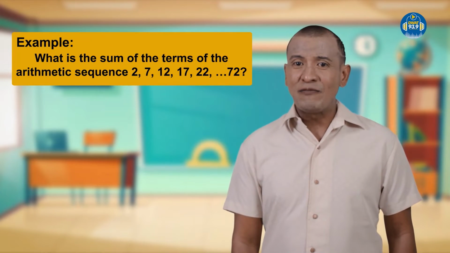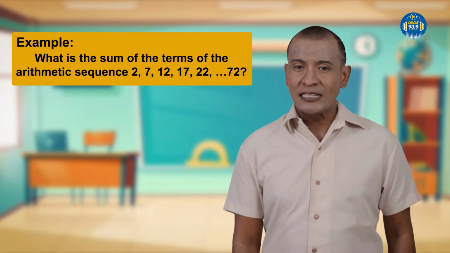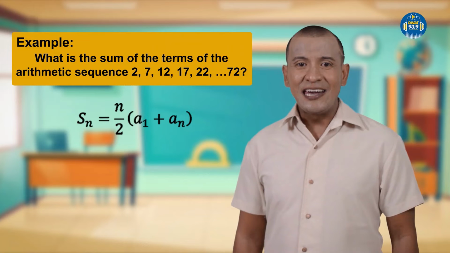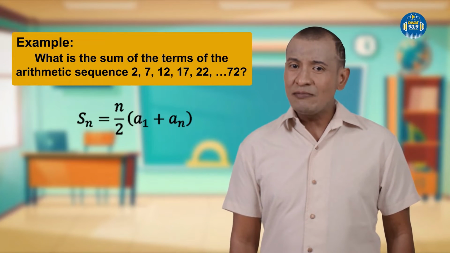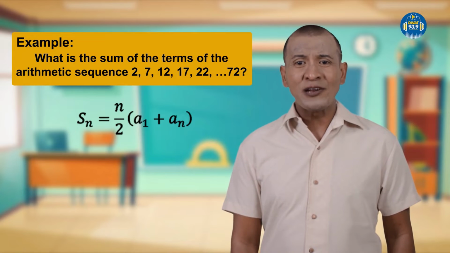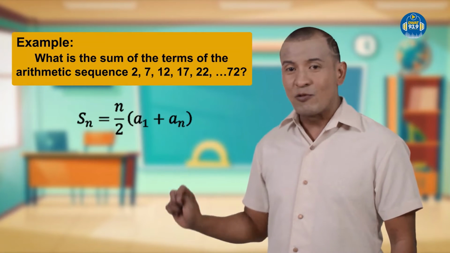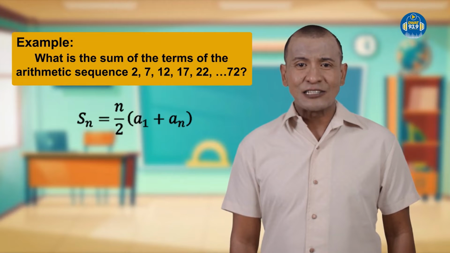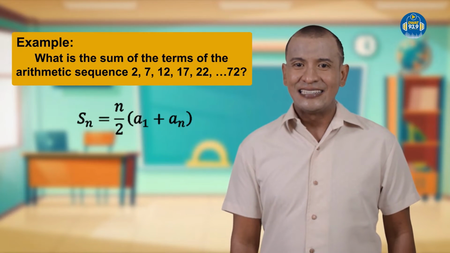To find the sum of the terms of the arithmetic sequence, we use the formula S of n equals n over 2 times a sub 1 plus a sub n. The formula requires the first term, which is a sub 1, and the last term, which is a sub n, and the number of terms, n.